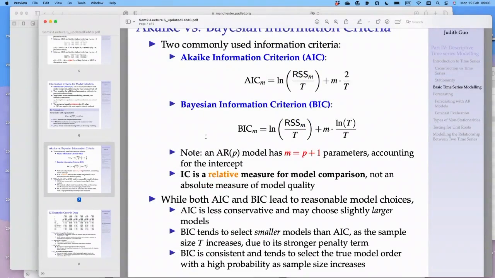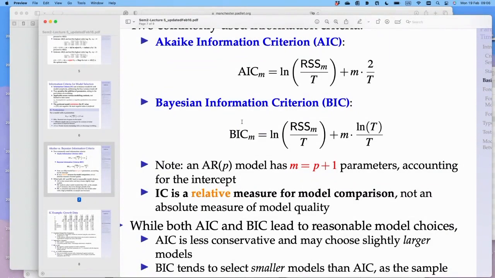The first term is essentially the model fit, which is given by the residual sum of squares. And obviously, the more parameters, the smaller the RSS, the smaller the first term, okay? So more parameters, a smaller first term. However, the second term of both information criteria grows linearly with the number of parameters, m.